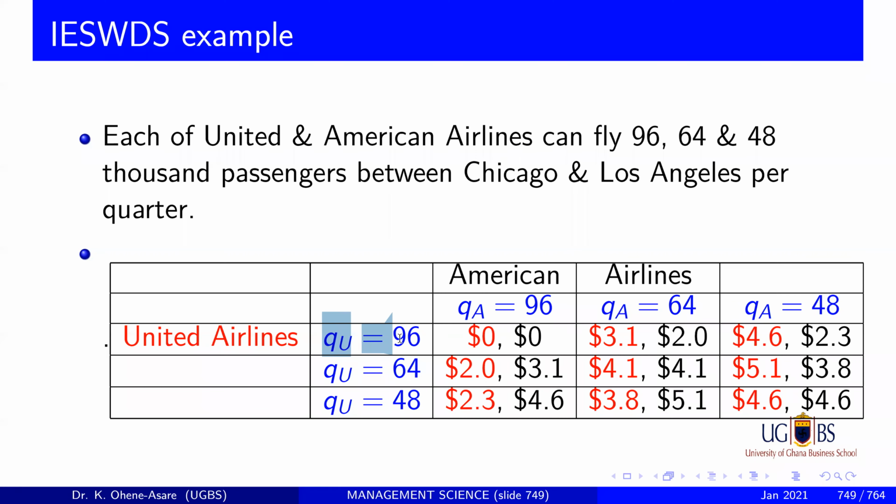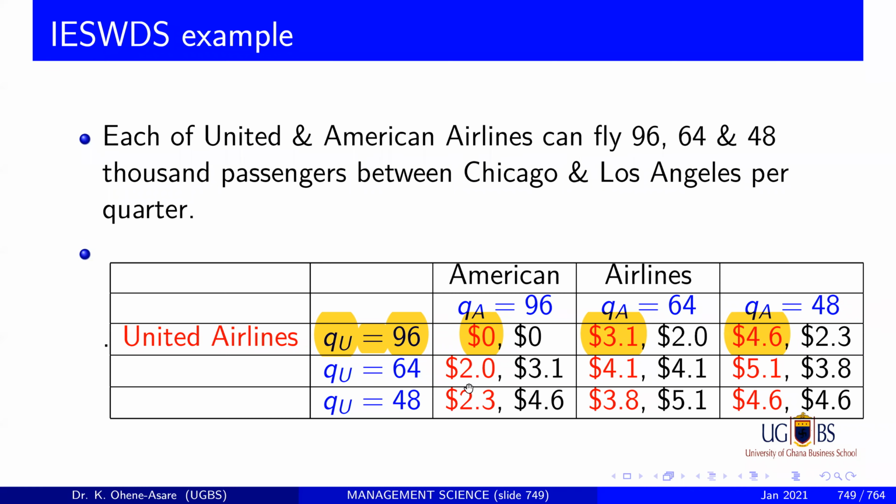With United strategy 96, I am looking at this value 0, and comparing it with that value 3.1, with that value 4.6. I'm comparing it with the other values of 64. So I'm comparing the 0 with the 2.0 with the 2.3.